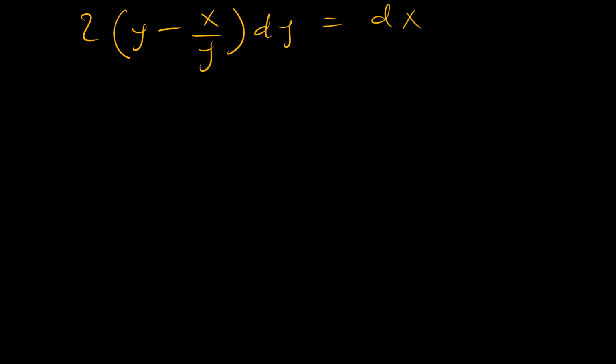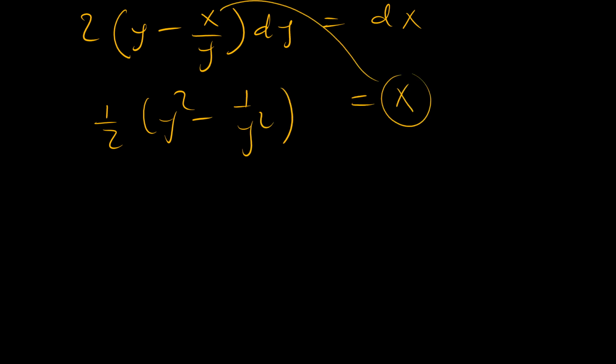So we have two relationships. One is 2 times y minus x over y, dy, is equal to dx, and then half of y squared minus 1 over y squared equals x. So we want to substitute this in here.